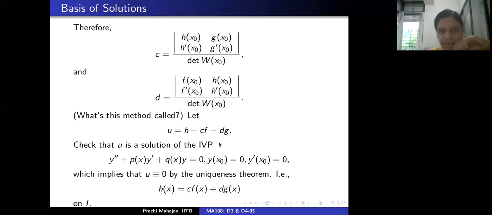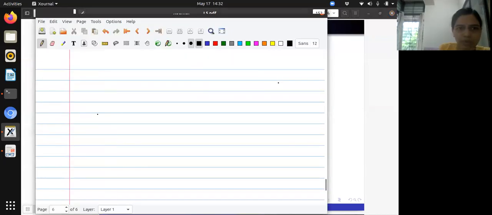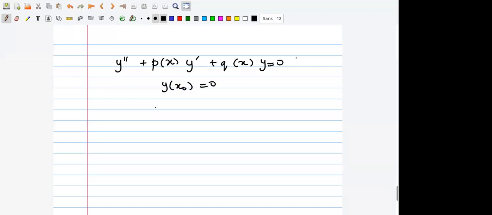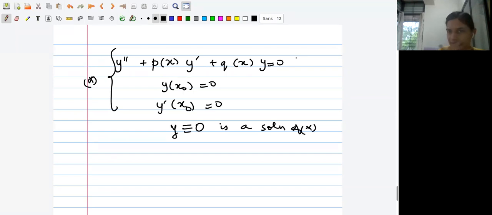What is this saying? Look at this initial value problem: y double prime plus p of x y prime plus q of x y equal to 0, y of x naught equal to 0, and the derivative at x naught equal to 0. You note that y identically 0 is a solution of star. Is that correct?